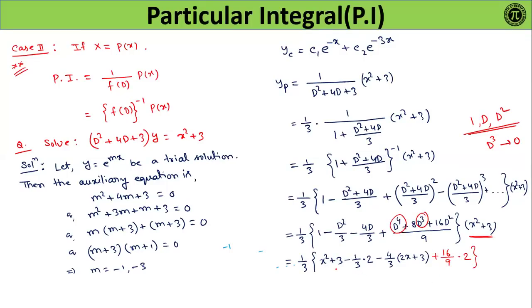So you are getting x square plus 3 minus 2 by 3, plus from here you are getting 8x by 3 minus 4, and from here this is 32 by 9. Okay, now just simplify this part. So yp is equals to 1 by 3 into x square plus 3 minus 2 by 3 minus 8x by 3 plus 32 by 9.